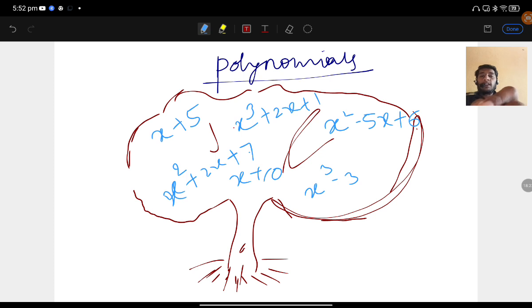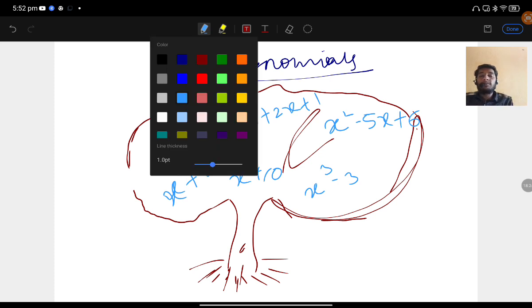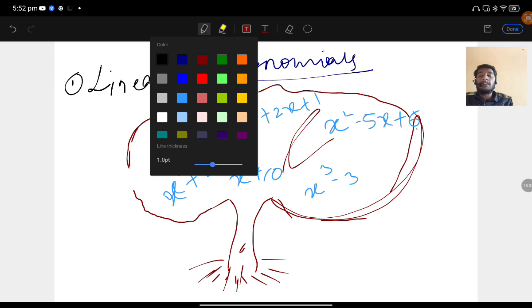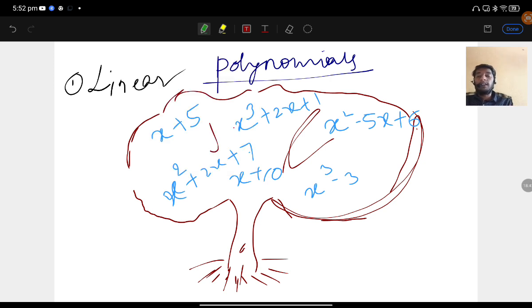So now the condition will be, what is the condition? See, first condition is, for the linear you should use the black color.